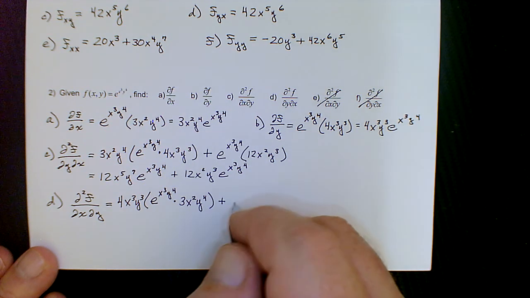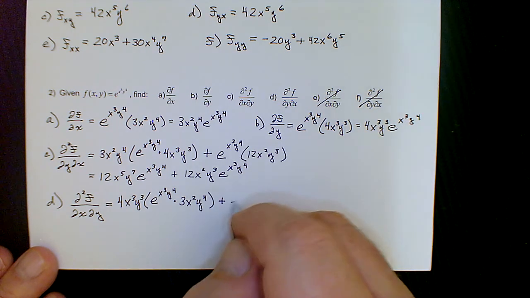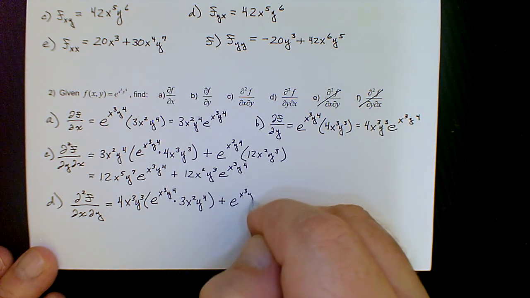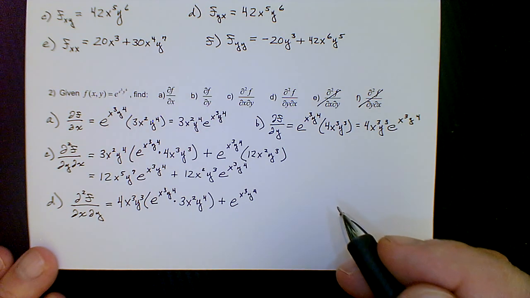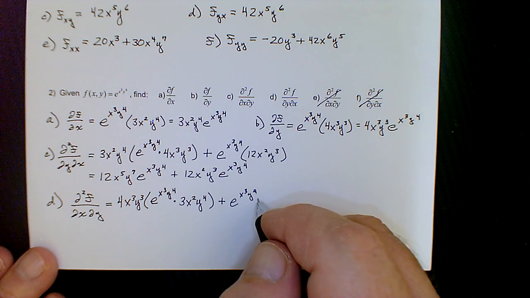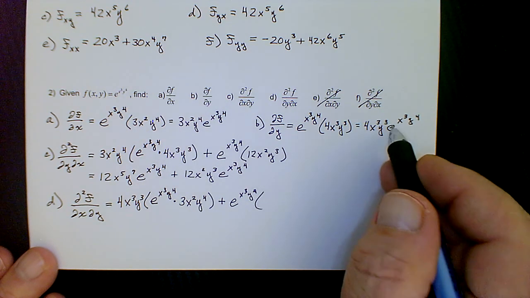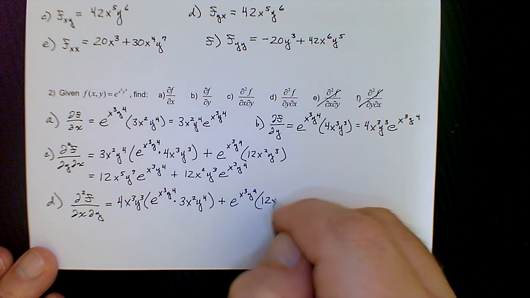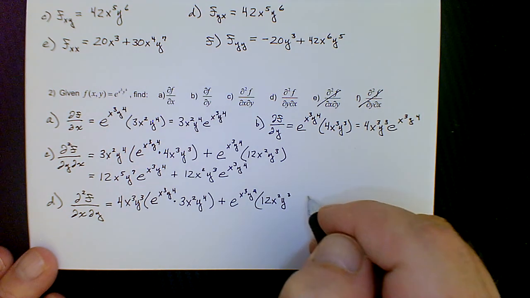Yeah, then plus the second factor, e to the x cubed y to the 4th times the derivative of the first, and the derivative of the first is the derivative of 4x cubed y cubed, which would be 12x squared y cubed.